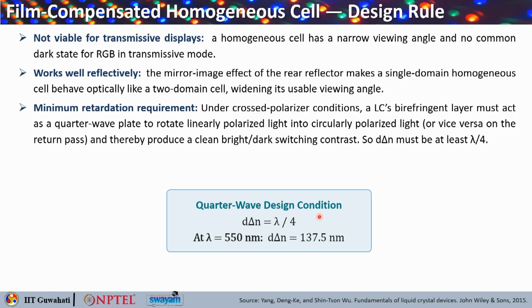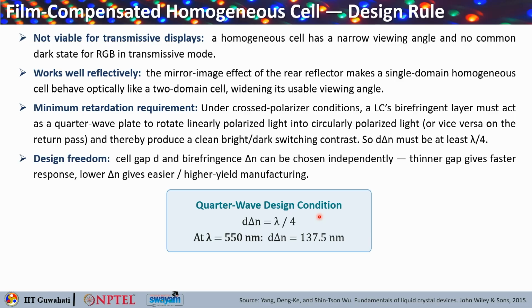So, if you consider this quarter wave design, you will see that the cell gap, that is d, and the birefringence, that is delta n, can be chosen independently, but their product should be lambda by 4. A thinner gap will give you faster response, and however, lower delta n will give you easier, or you can say higher yield, manufacturing.